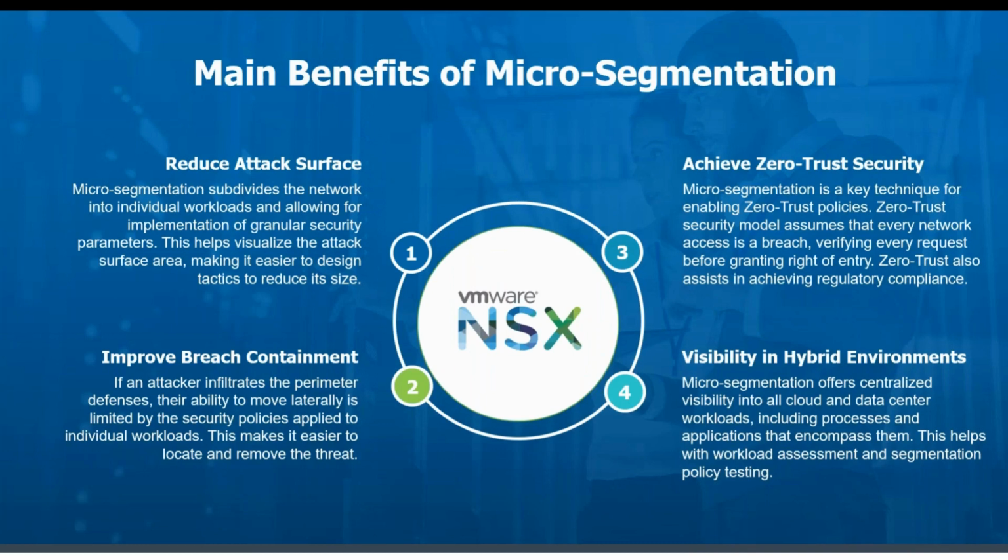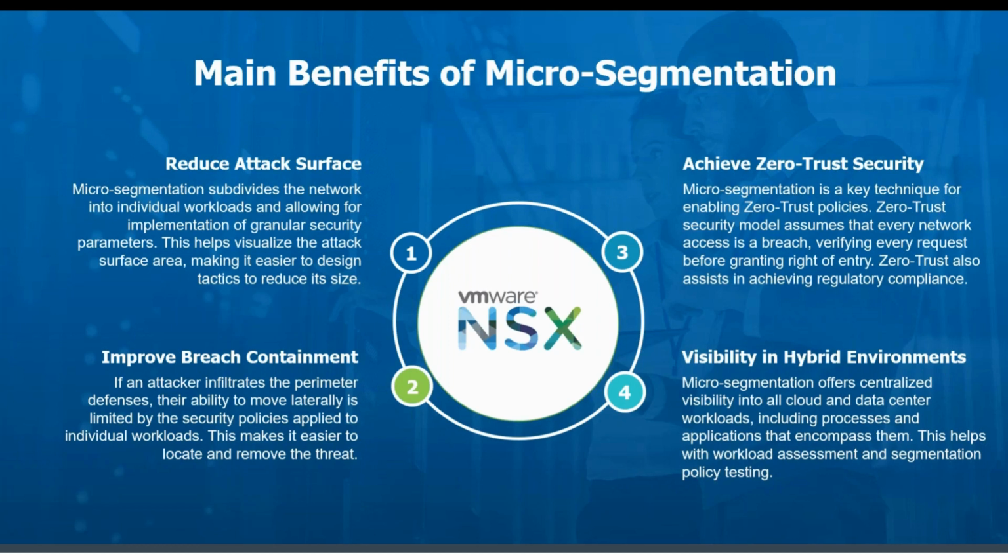So, the main benefits of micro-segmentation. As mentioned, with traditional firewalls and VLANs, segmentation would typically be split into blocks of resources, where engineers would have to establish flows and communication between these segments.